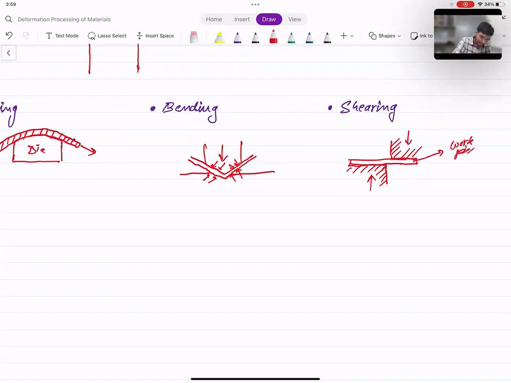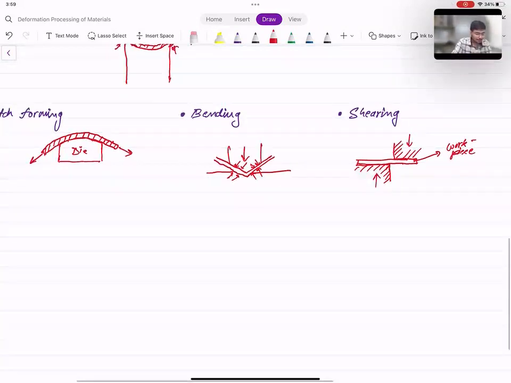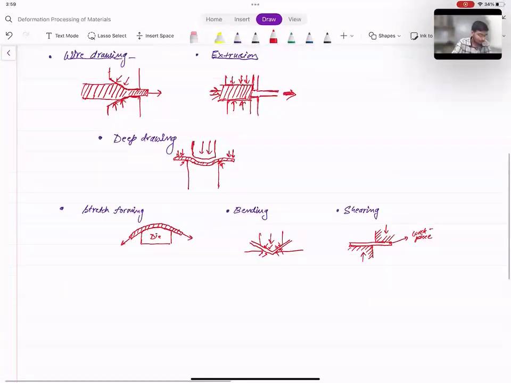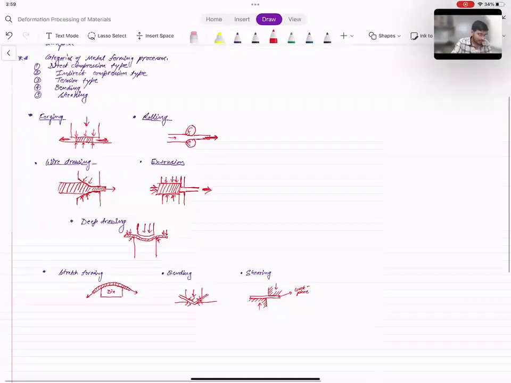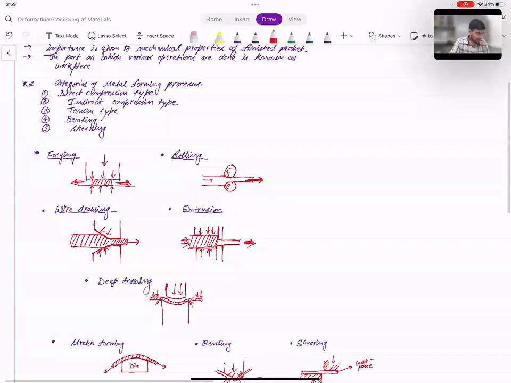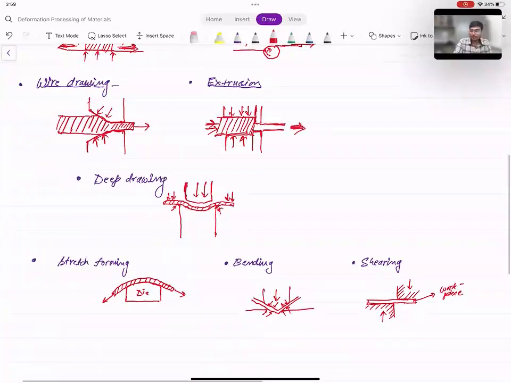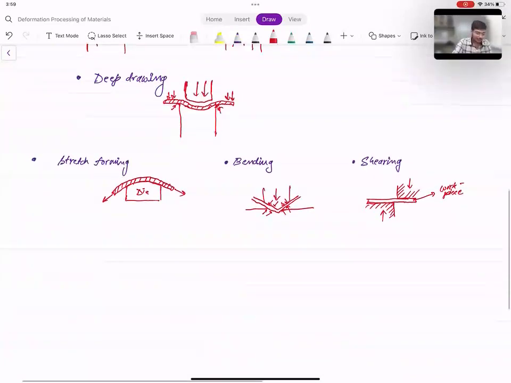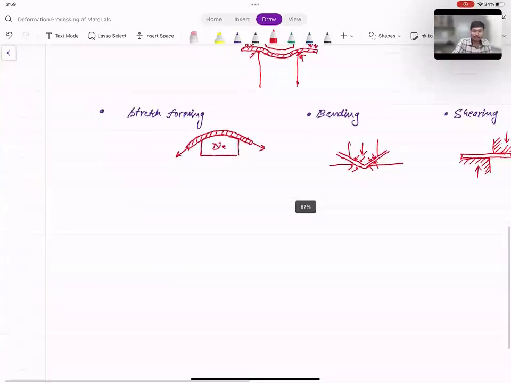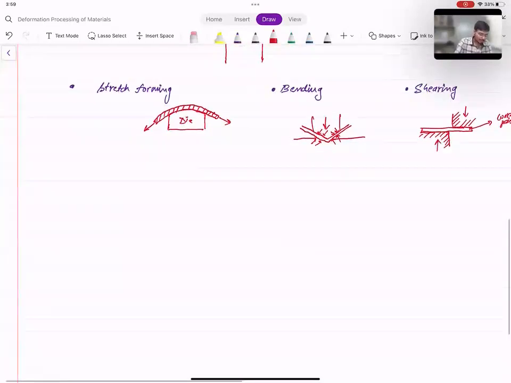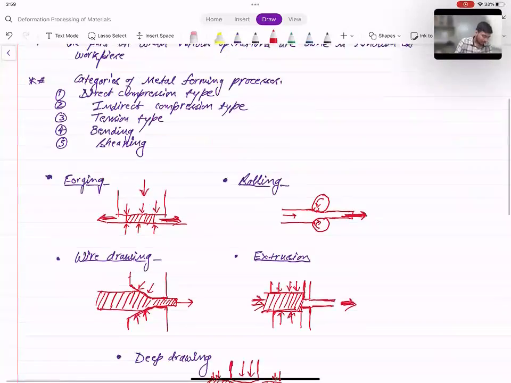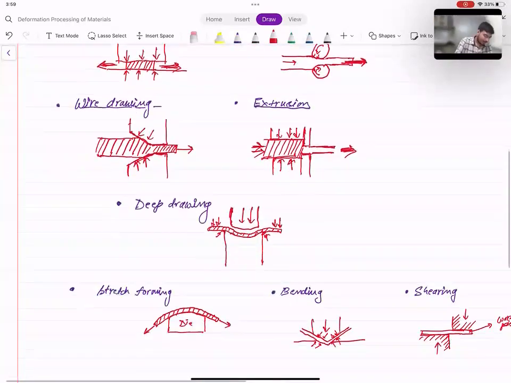Okay, so this is the shearing type of metal forming operation or process. So this is the classification of these metal forming processes based on type of stresses applied. Based on the type of workpiece also, we can classify them into two different categories. So this was on the basis of stresses.